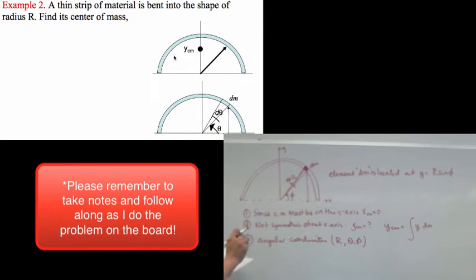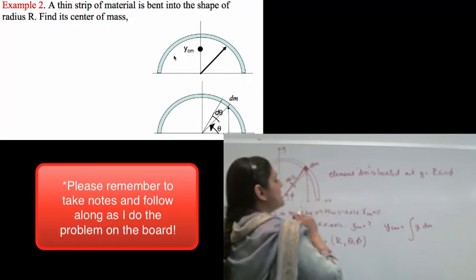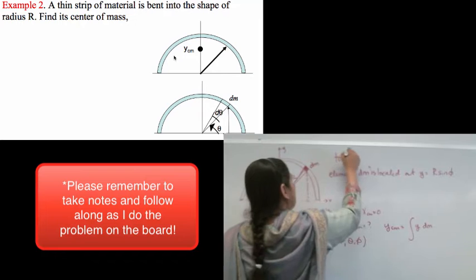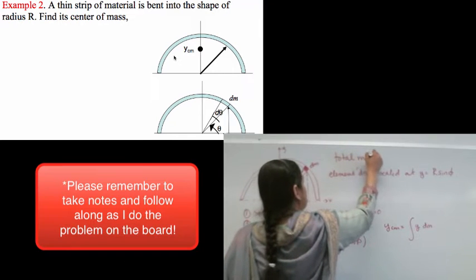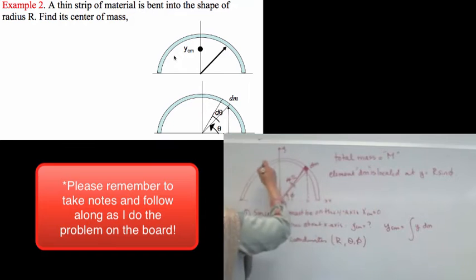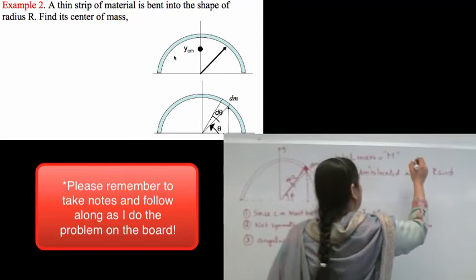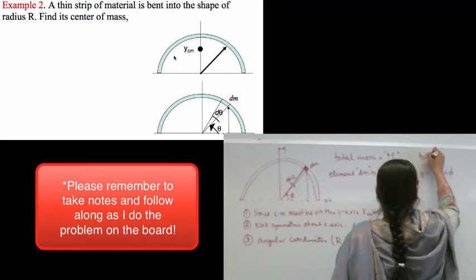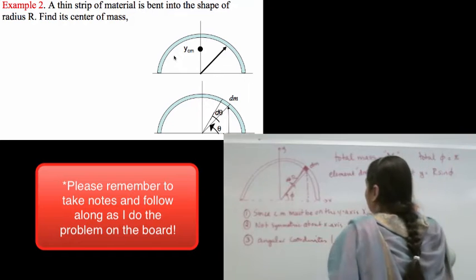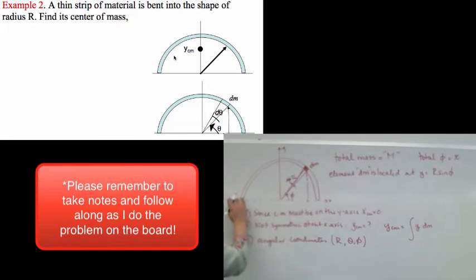This dm is located at y. I also know that my total mass, I'm going to call capital M, and the total angle that the thing goes through, so the total phi, is pi, right? From here to here, it can only go from 0 to pi.